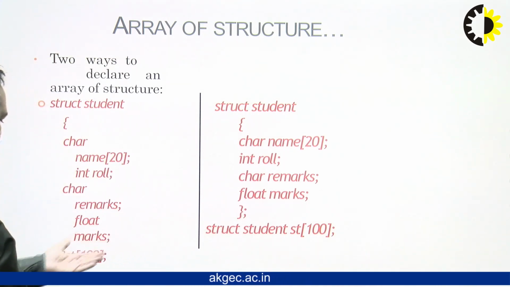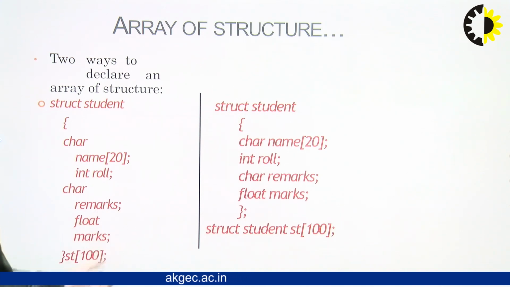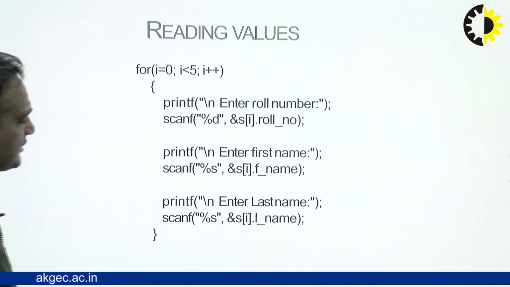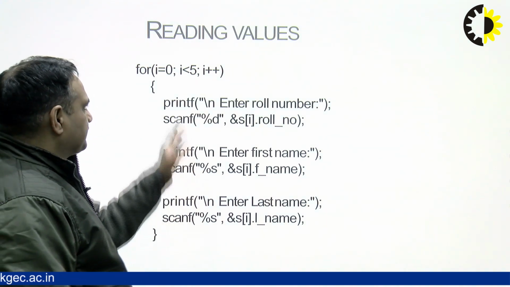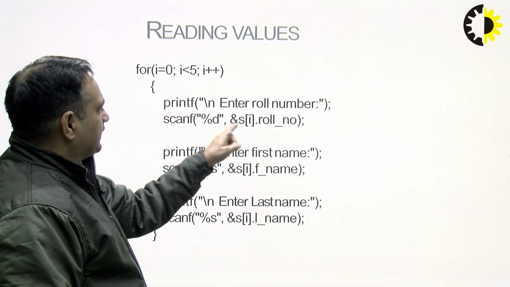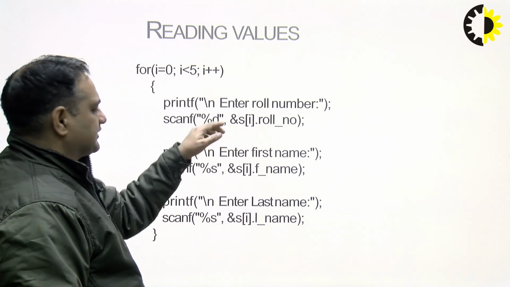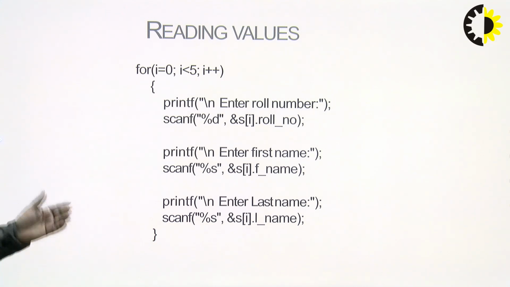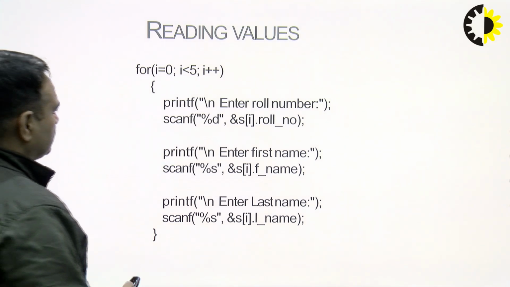There are two different ways to declare the array of structures. You can get the information of all the structure variables using a loop. If the value of i is 0, then s0; if i is 1, s1; then i is 2, s2, s3, s4, s5, s6, s7 and so on. You can read the information through these functions.